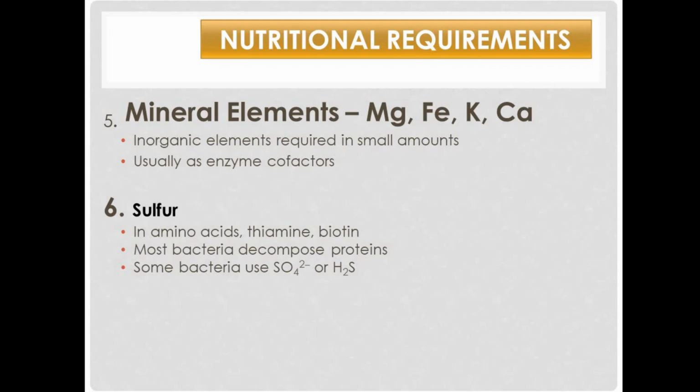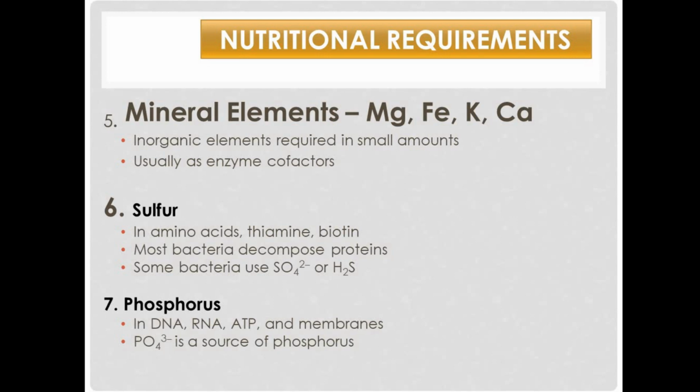Most bacteria decompose proteins, and some bacteria also use sulfur or H2S. Next is phosphorus. The function of phosphorus is for the synthesis of DNA, RNA, ATP, and membrane. PO4, phosphate, is a source of phosphorus.